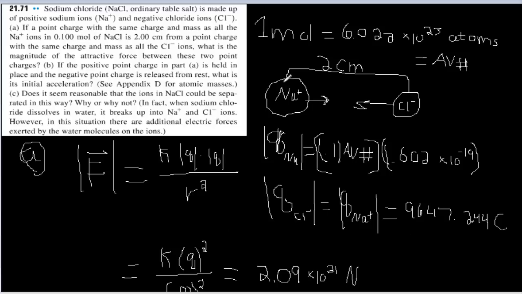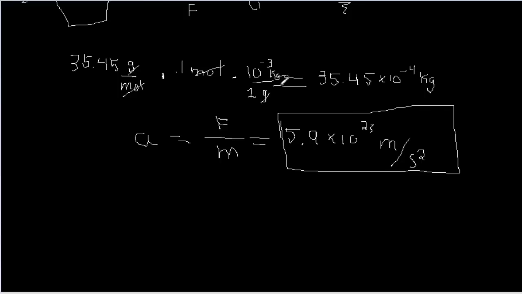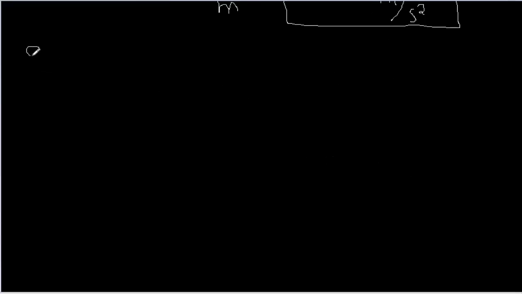And for part C, they're asking us, does it seem reasonable that the ions in sodium chloride could be separated in this way? Why or why not? So it's kind of a trivial question, actually. If you go onto Wikipedia and you look up how much force is required behind taking the space shuttle to space, you'll see that that's equal to 12.5 times 10 to the 6 newtons of thrust.